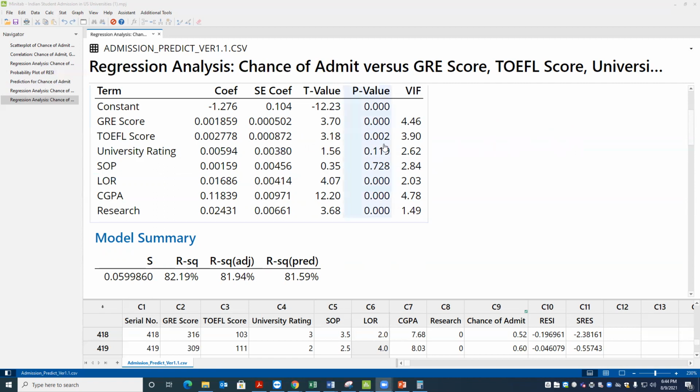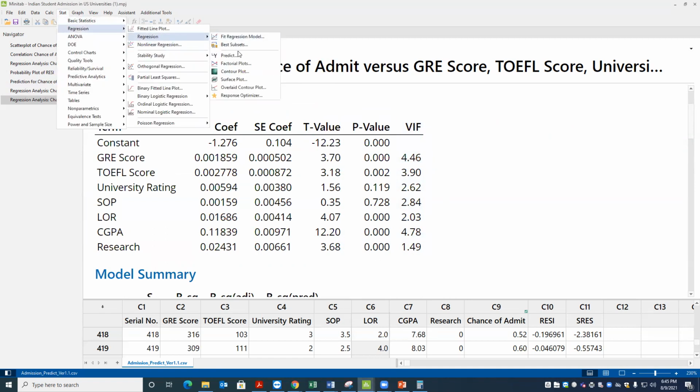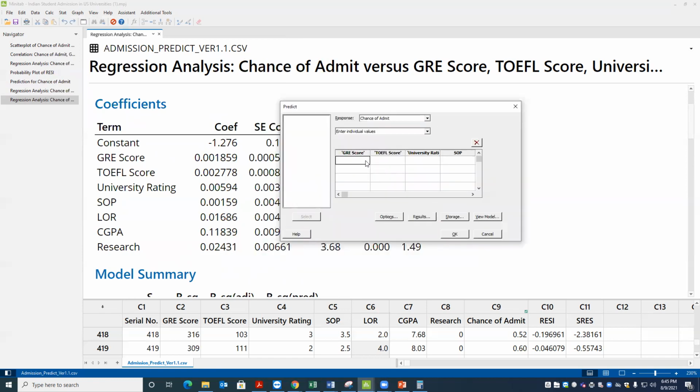In this model, now I'm going to see the prediction, whether this is correct or not. So let's say I'm going to do a regression predict. Now GRE is 319, TOEFL is 108 (120 is the maximum). University rating, here I'm putting 4 or 5 out of 5. Here I'm putting 0.